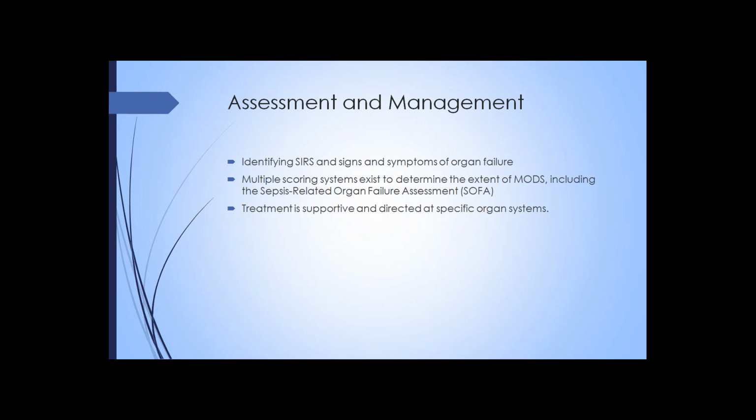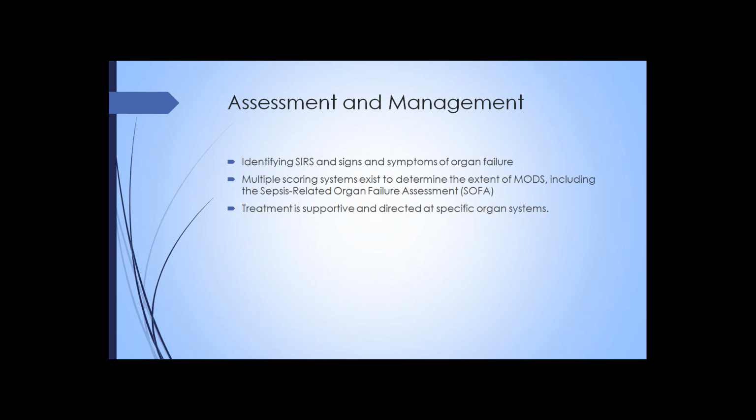So again, you want to identify the inflammatory response. Look at the signs and symptoms. And then pay attention. Is it already moving into organ failure? If so, you need to know how bad. And there's a lot of different kinds of scoring systems or assessment systems out there.